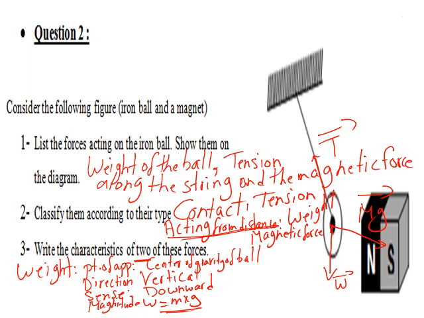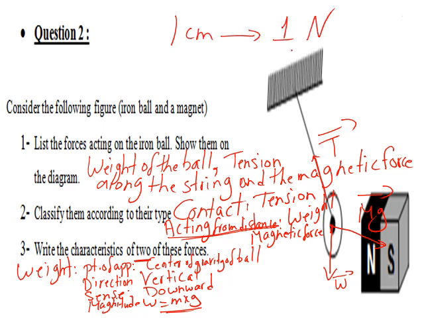So in every question you have to know the forces that are playing an important role here. You have to know first the forces, and how to draw them. For example, show them on the diagram without a scale. For example, in the exam I've told you 1 centimeter represents 1 newton.